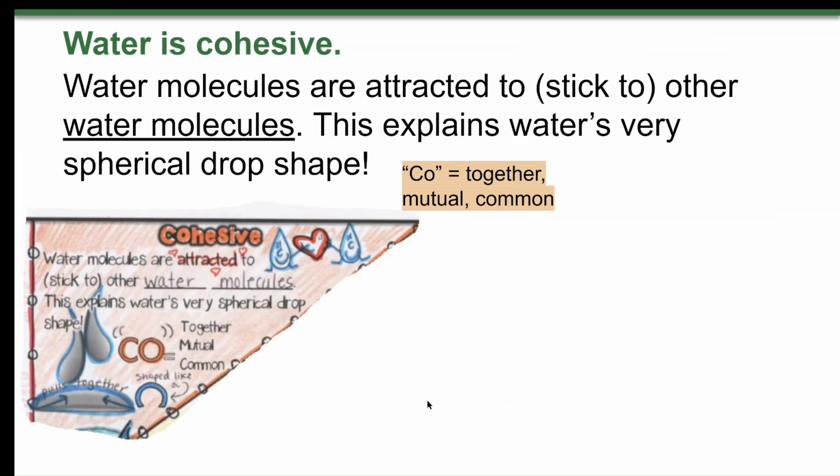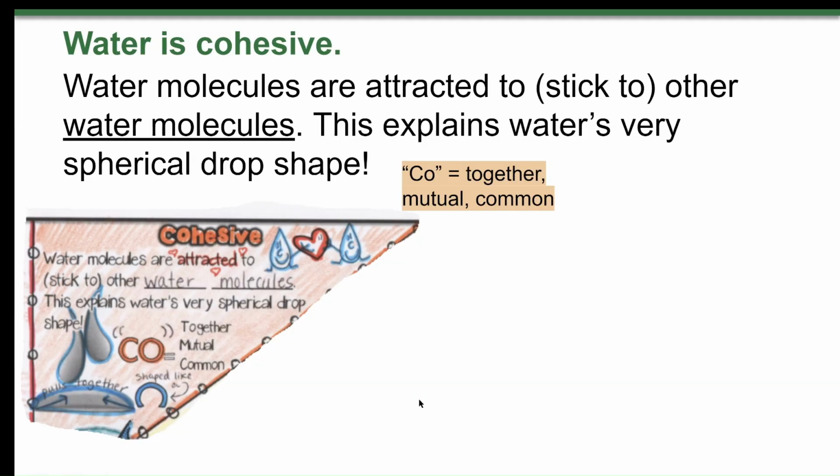And because water likes to be attracted to one another, it has this property called cohesion. So water is cohesive. Water molecules are attracted to, or like to stick to, other water molecules. And this explains water's very spherical drop shape. You've probably seen, on a window, if you've been a passenger in a car and it's been raining outside, that water molecules, when they join together, will quickly join into one larger water droplet.